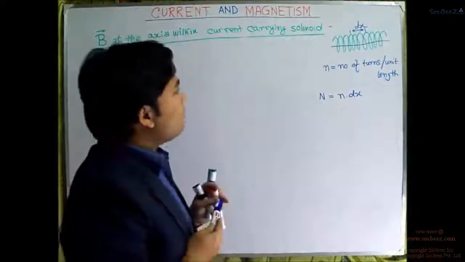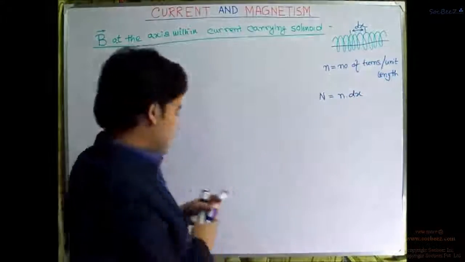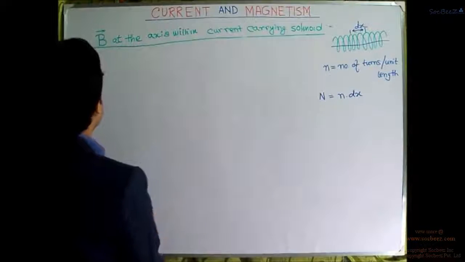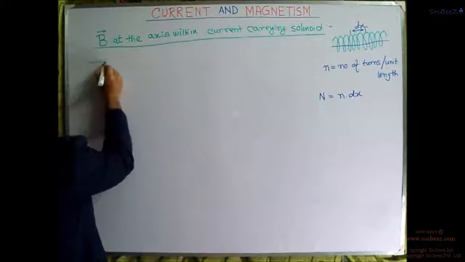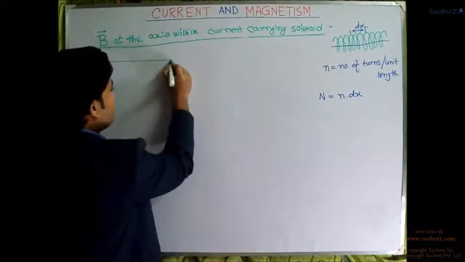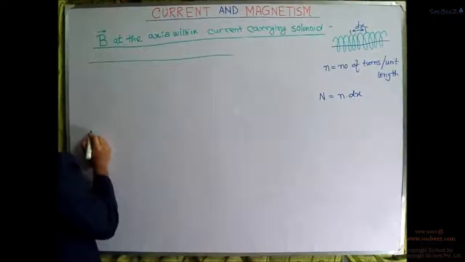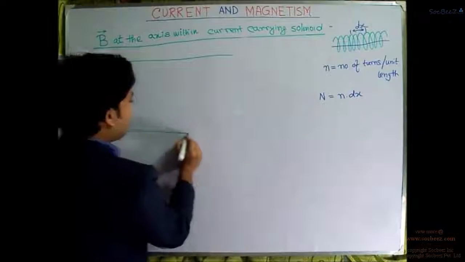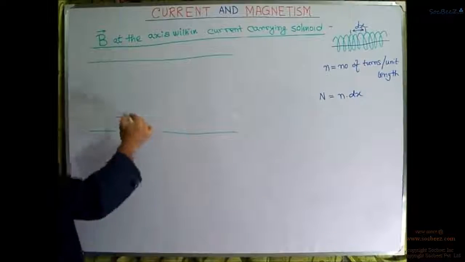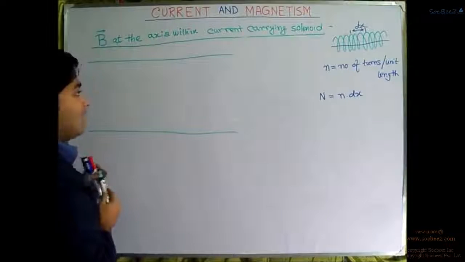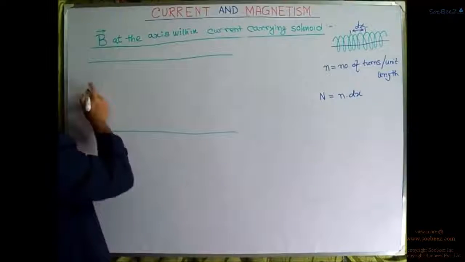So for this small section, let us make the diagram. Let's say this is the top portion of the solenoid and this is the lower portion of the solenoid, which means the solenoid is like this. And the axis passes through the center.